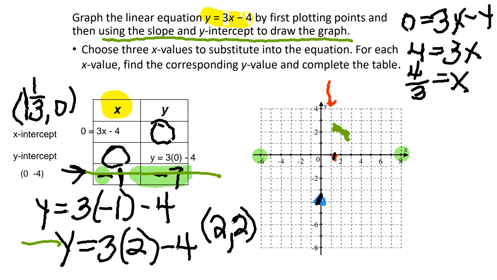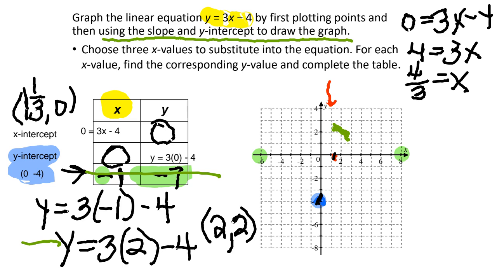This is now going to use my blue dot. I use the blue dot, the y-intercept, which means from 0, 4, which is this one. Now, the slope, okay, this is where you're going to have to watch.